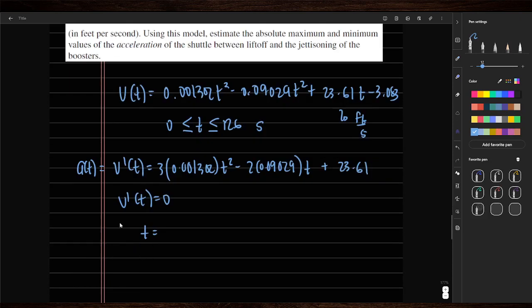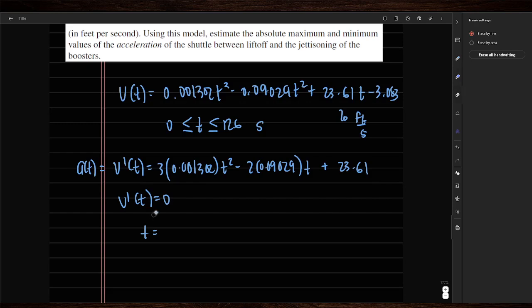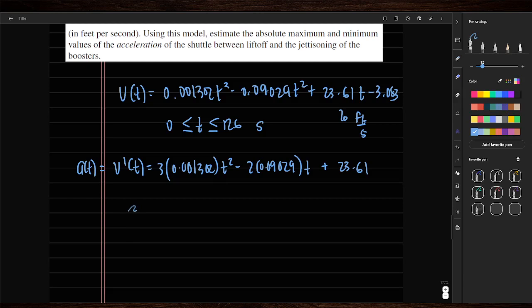So you need the equation of the acceleration first, then derive it again to find the maximum and minimum values. We need to derive again because that's what is being asked by the problem.